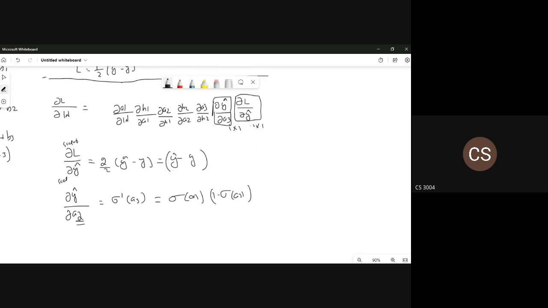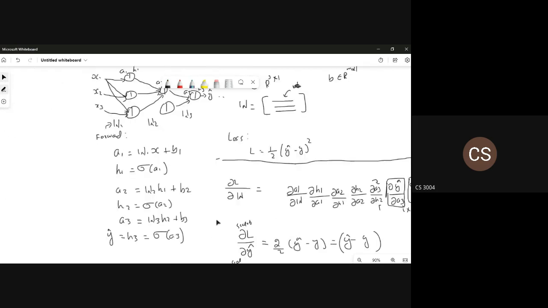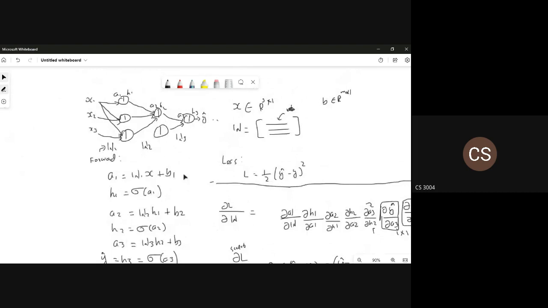Now let's focus on the next term, dou a3, which is a scalar, and dou h2, which is a vector. Just to show you why, I am now computing the derivative of how a3 changes when h2 changes. H2 is in fact a vector.